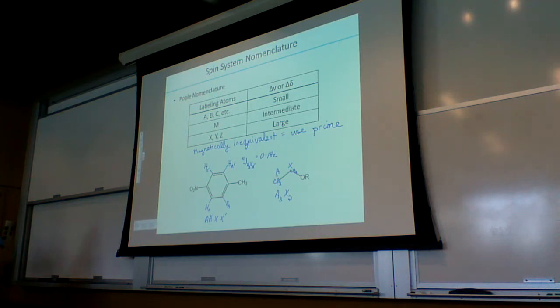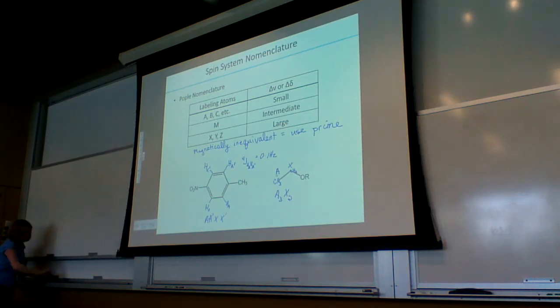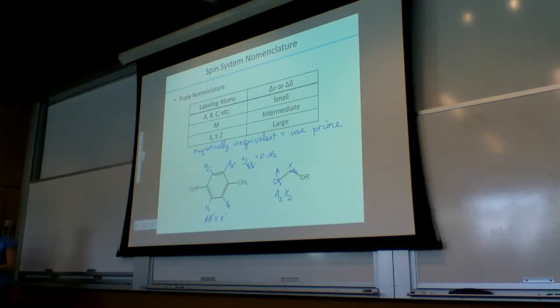Let's talk a little bit more about this magnetic equivalence and equivalence. So here's another example we could look at with that as a system. Just do one more labeling.